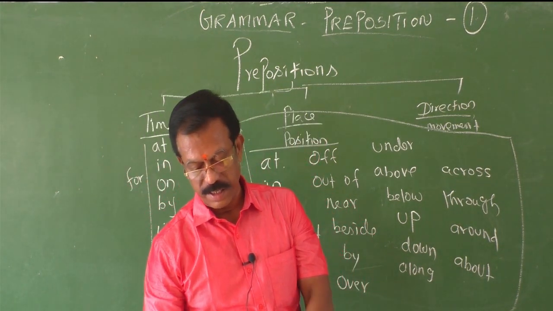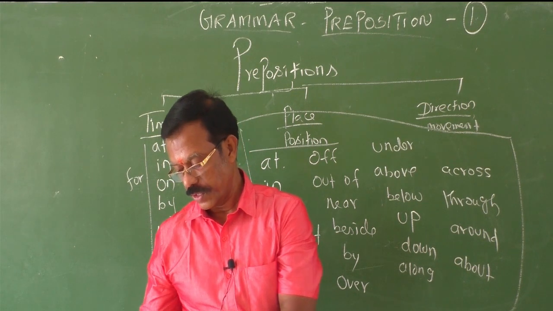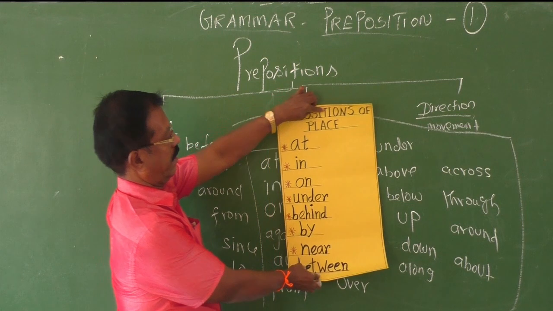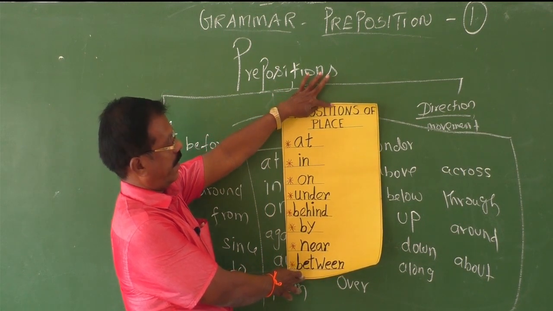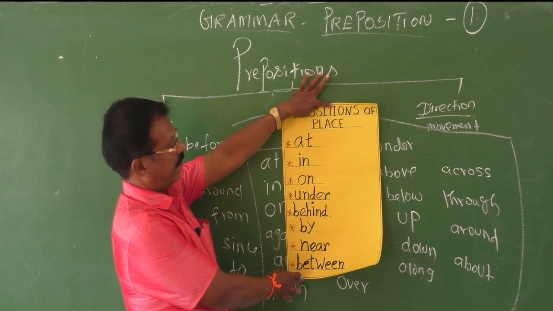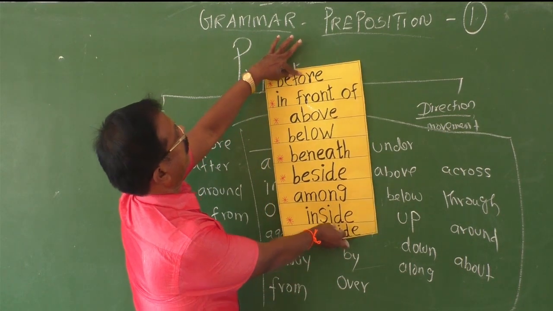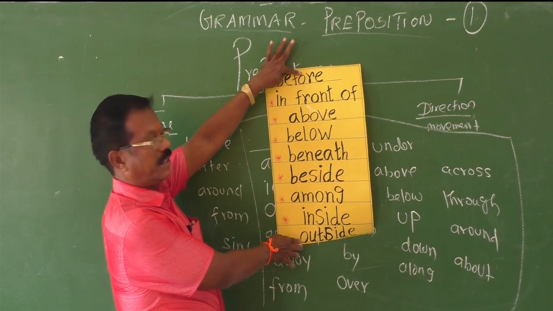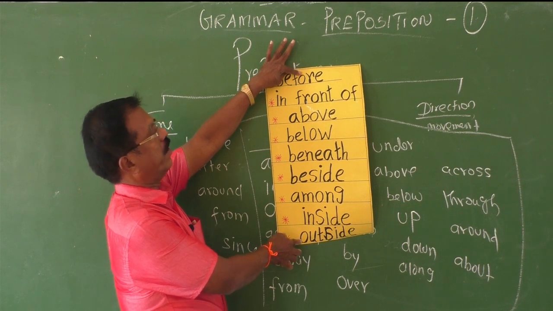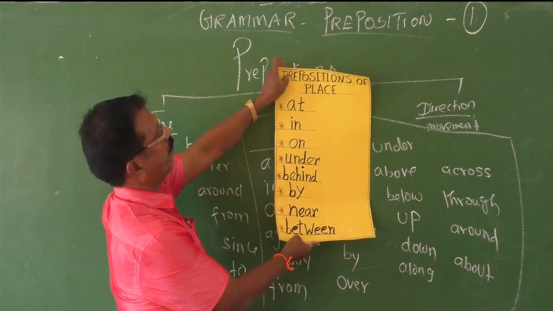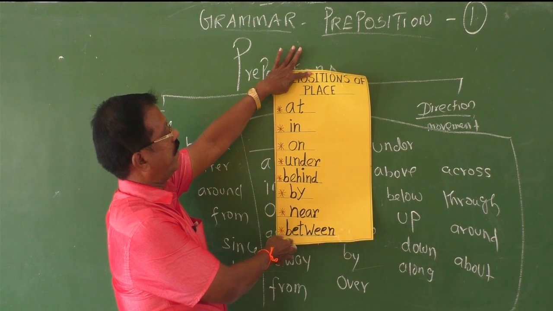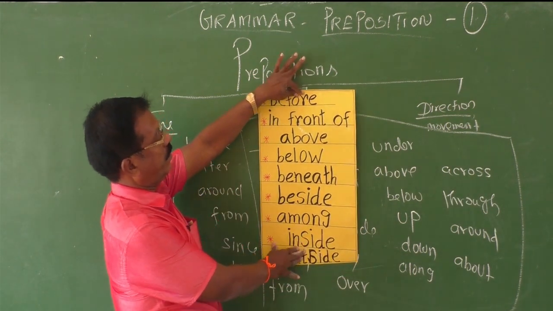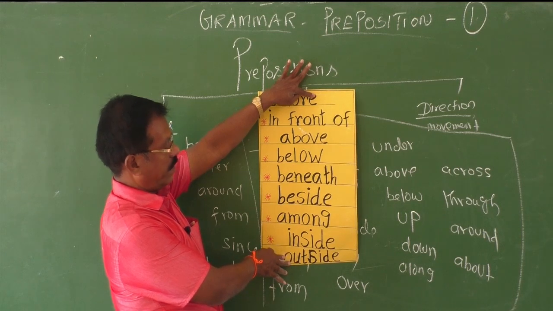I'll show you the chart of prepositions of place and positions. Prepositions of place: at, in, on, under, behind, by, near, between, and then before, in front of, above, below, beneath, beside, among, inside, and outside.